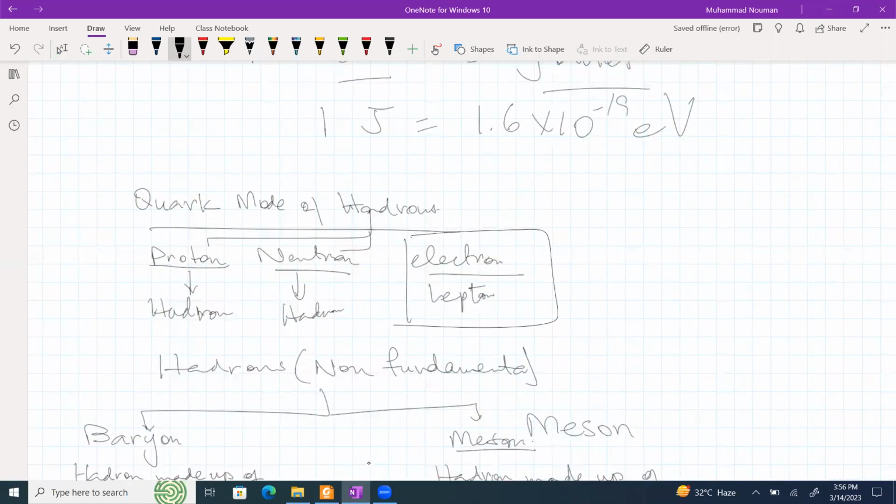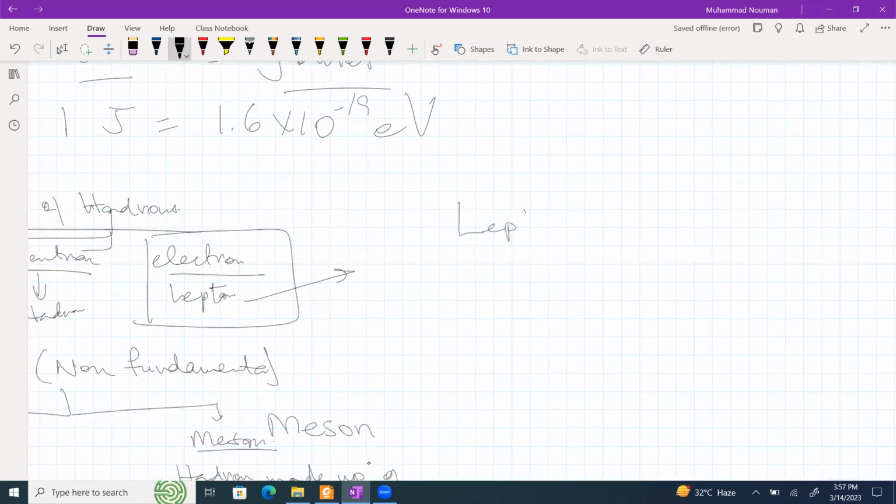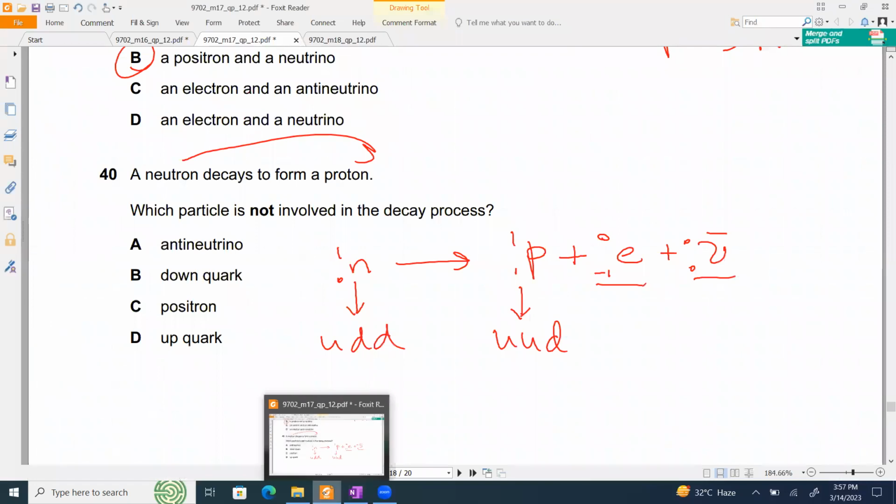An electron is actually not a hadron, it's a lepton. There are many leptons, but what we need to learn is the negative electron, a positron, a neutrino particle, an antineutrino particle. All of them are considered to be leptons. They do not have any quark flavors.